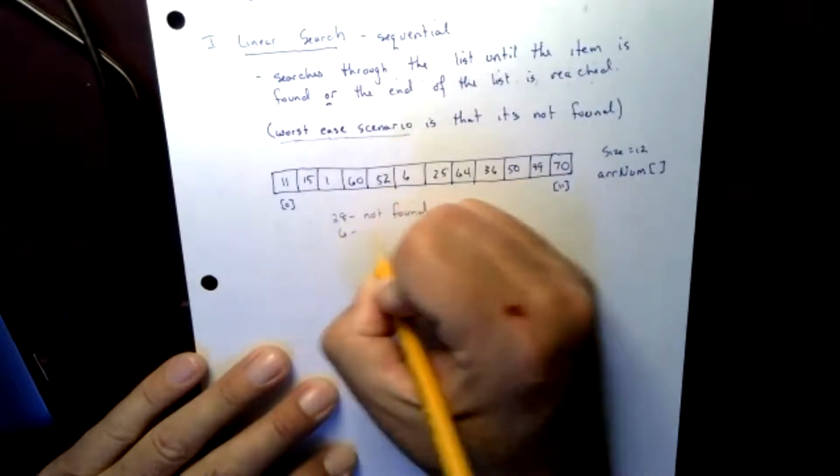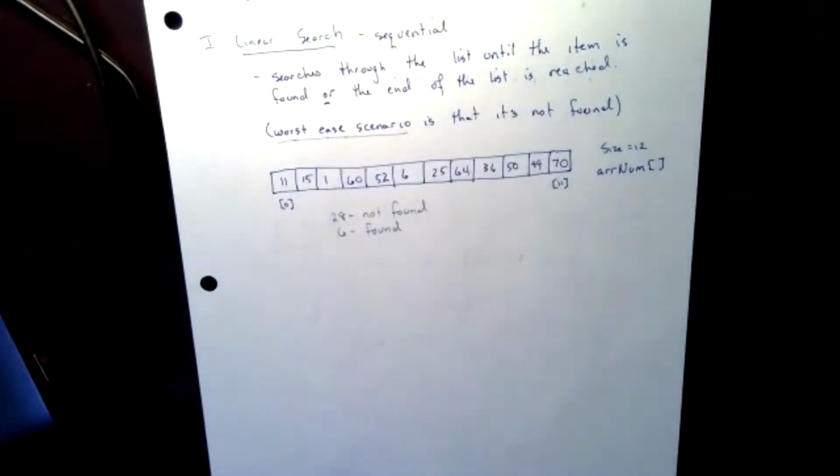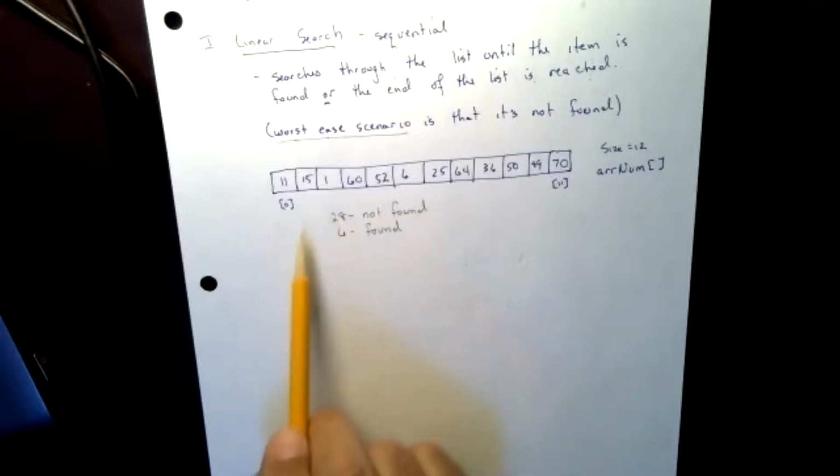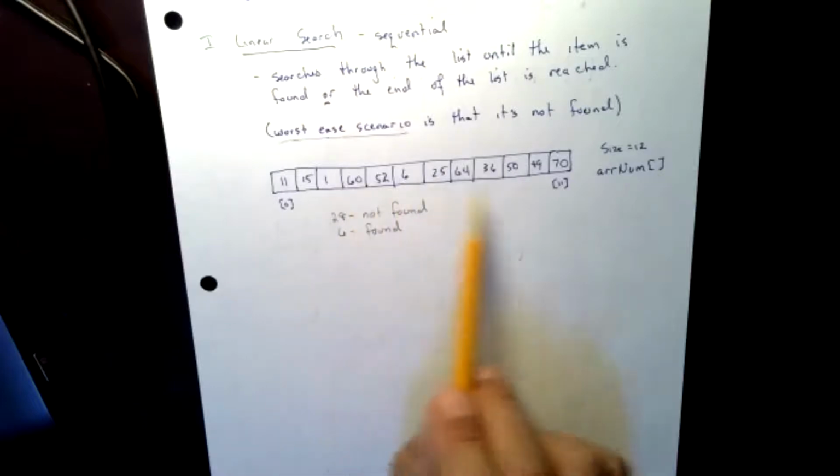I have to look for 6, and it was found. So there's two ways this process would end. This is something to start thinking about, to build on. I'm getting ready to start this. I'm walking through some test data. My two choices are whether it's going to be found or not.